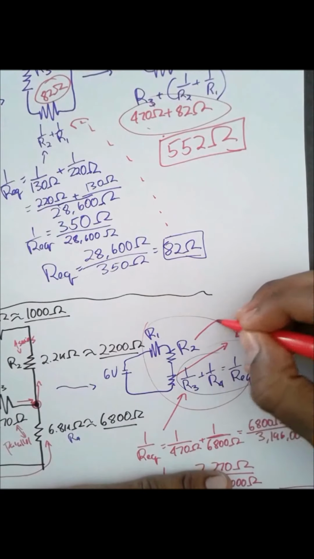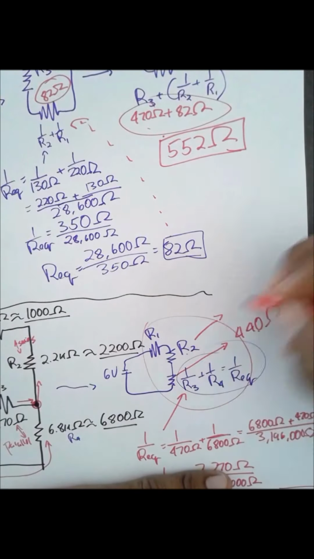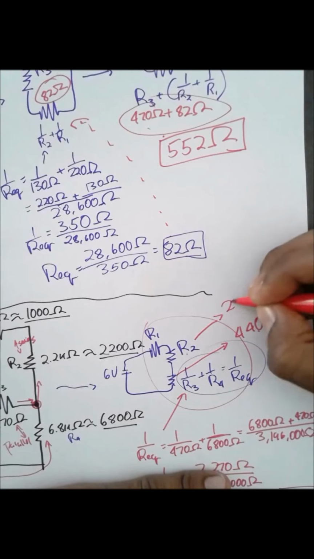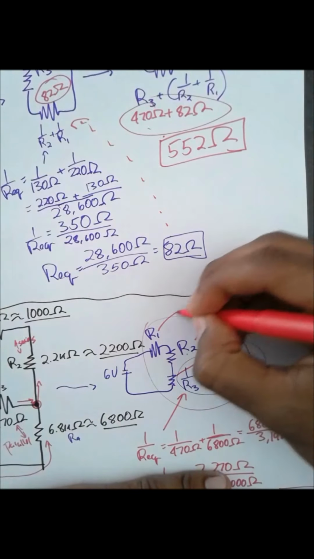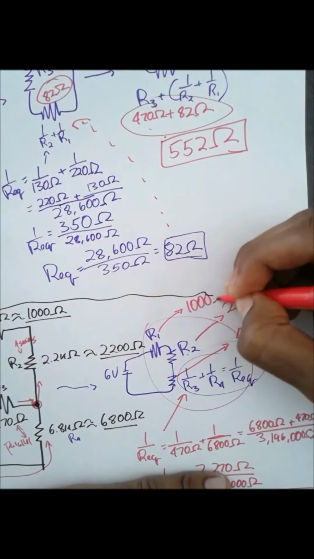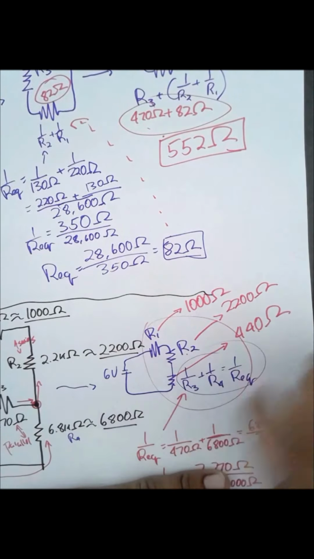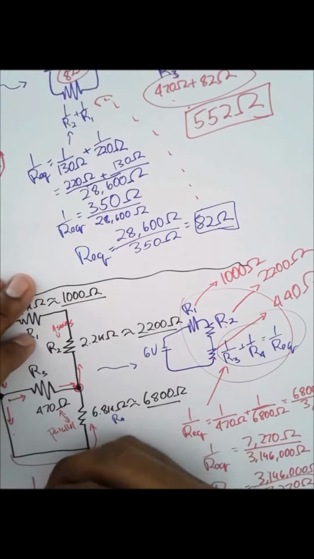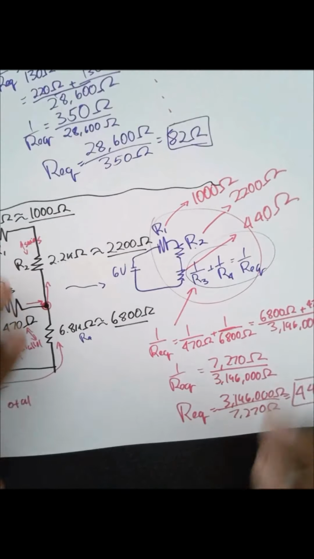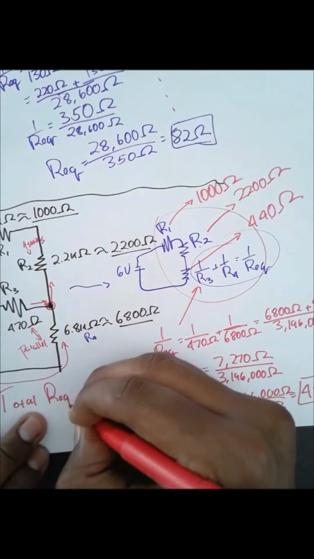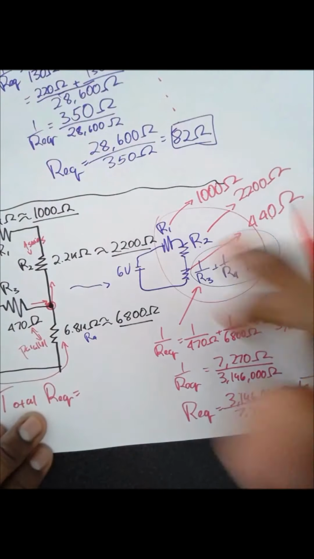Now the nice thing is that if this is 440 ohms and we know that R2 is 2,200 ohms and R1 is 1,000 ohms, because these three are in series, this is pretty easy because we just need to add these three. So the total resistance is actually going to be equal to, we did the hard part, the parallel part, now we just add them.